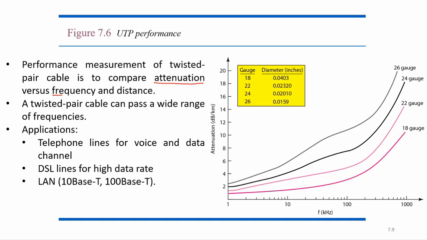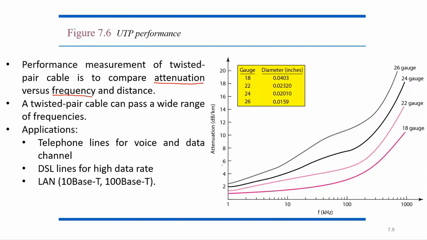If we are transmitting a signal, it will have a frequency, because we have already seen that a signal has an amplitude, a phase, and a frequency. So at a particular frequency, what is the attenuation? We have already seen that attenuation is measured in dB. So dB per kilometer, that is, per distance, what is the attenuation?